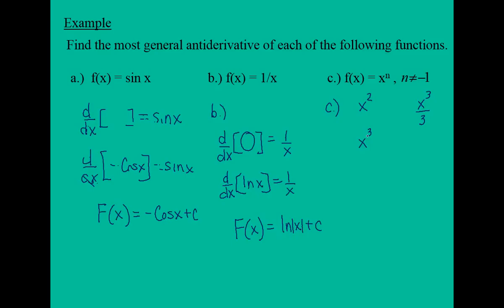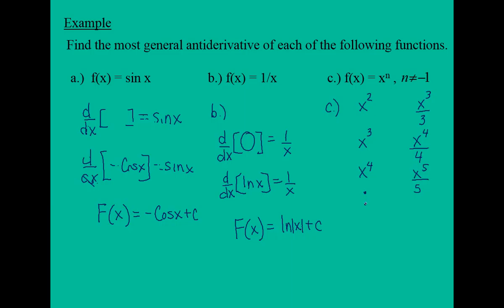What is the antiderivative of x cubed? If we take the derivative of x to the 4th divided by 4, we would get x cubed. If we looked at what's the antiderivative of x to the 4th, we would see that if we take the derivative of x to the 5th over 5, we would get x to the 4th.